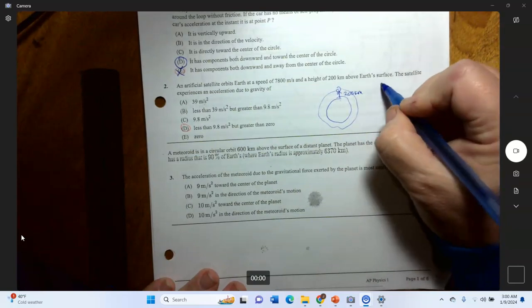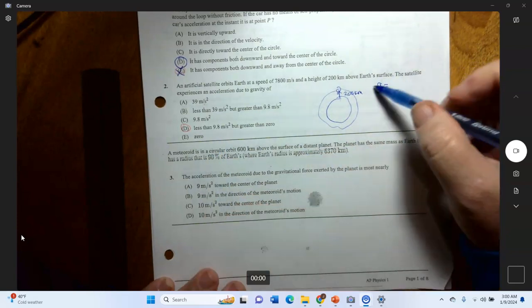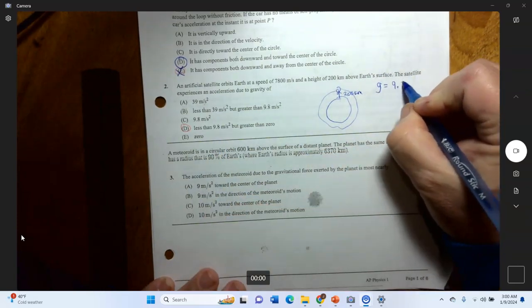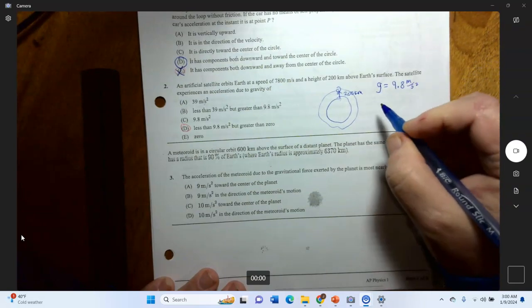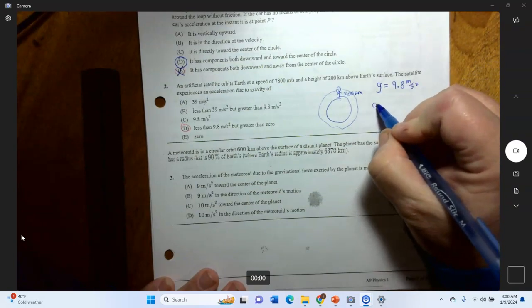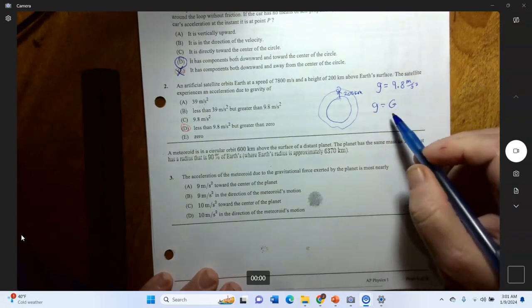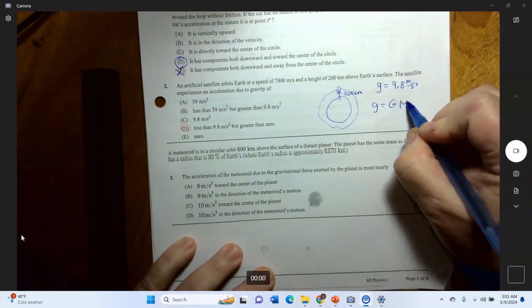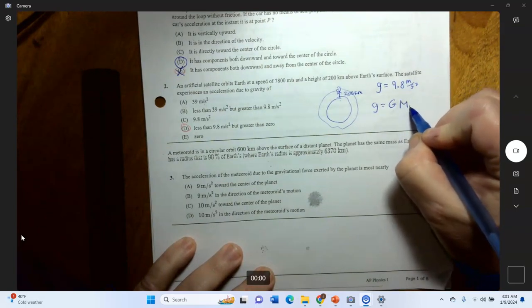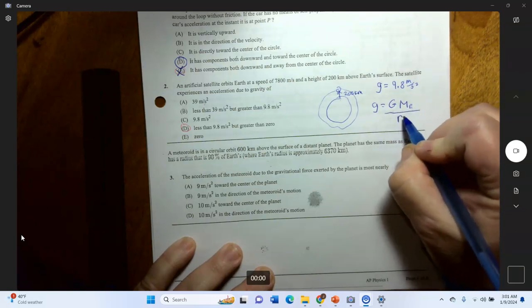On the Earth's surface, g equals 10 meters per second squared, but they're using the more precise value of 9.8. So the formula for g equals Newton's gravitational constant, 6.67 times 10 to the negative 11th, times the mass of the planet, which is the mass of the Earth in this case, over r squared, or d squared.